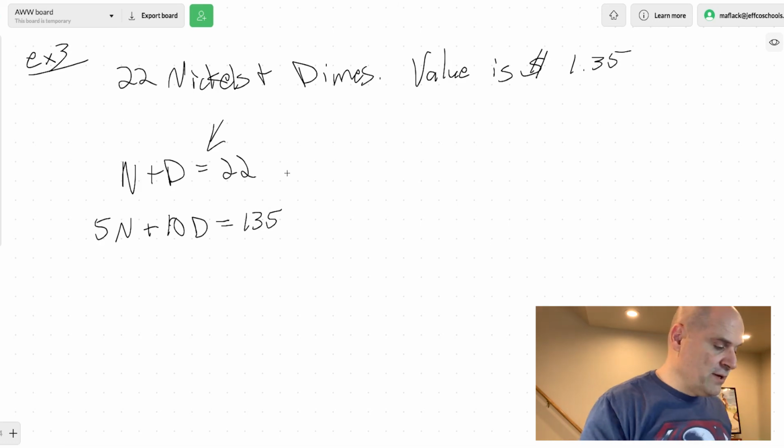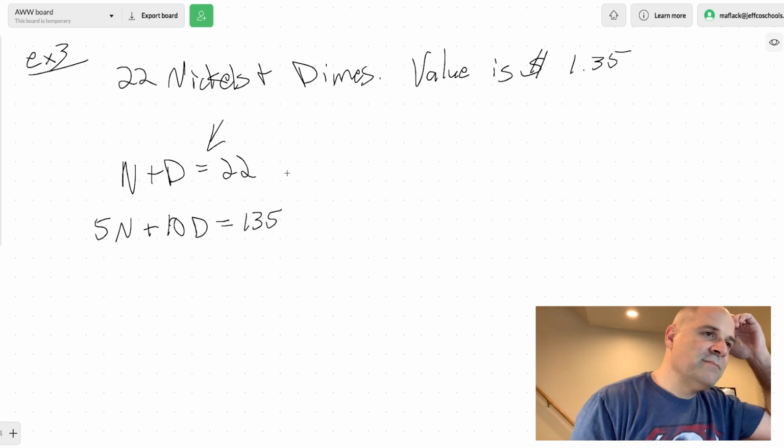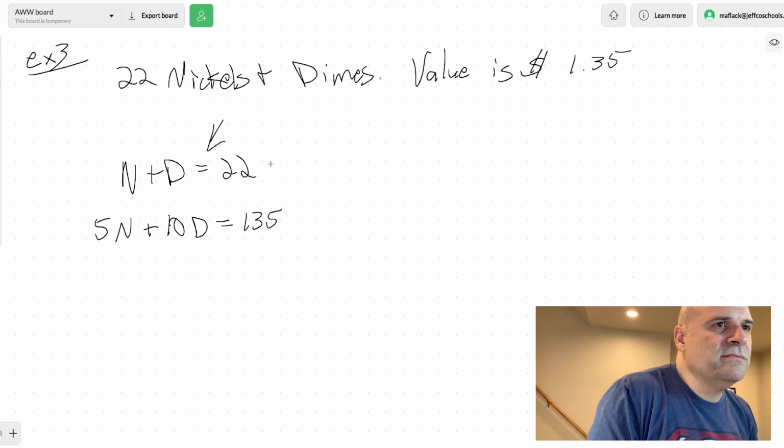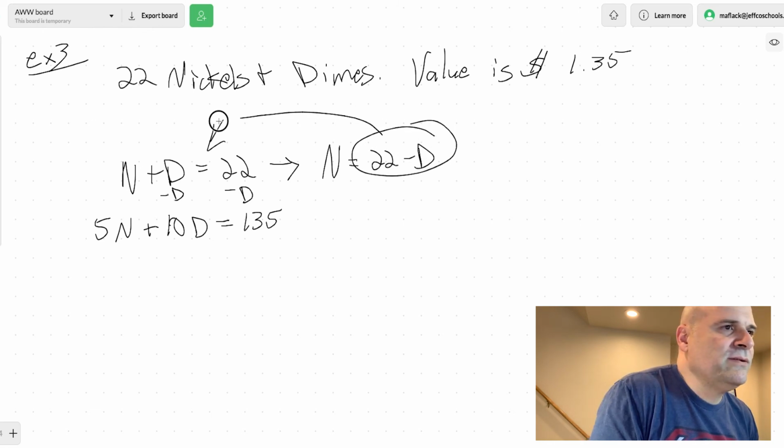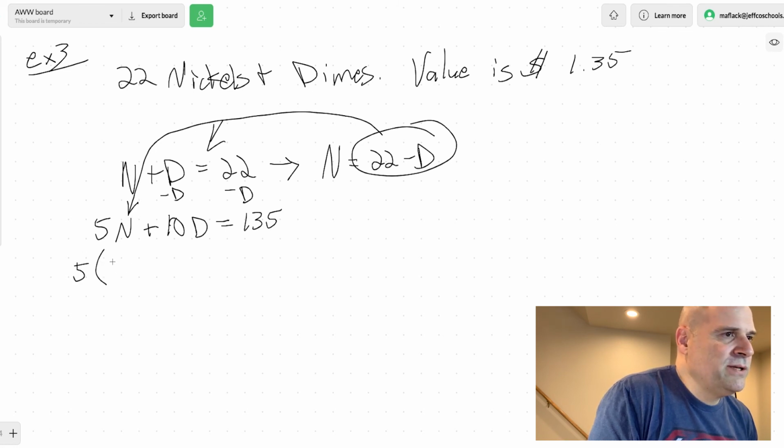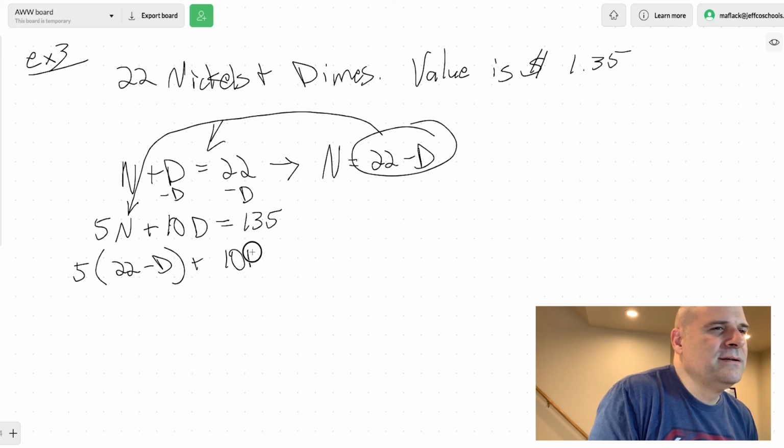All right, so now we're either going to use substitution or elimination. Let's use substitution. Let's say we get rid of the D. So N is just 22 minus D. Okay, so we're going to substitute that in right there. So 5N, which is 22 minus D, plus 10D equals 135.